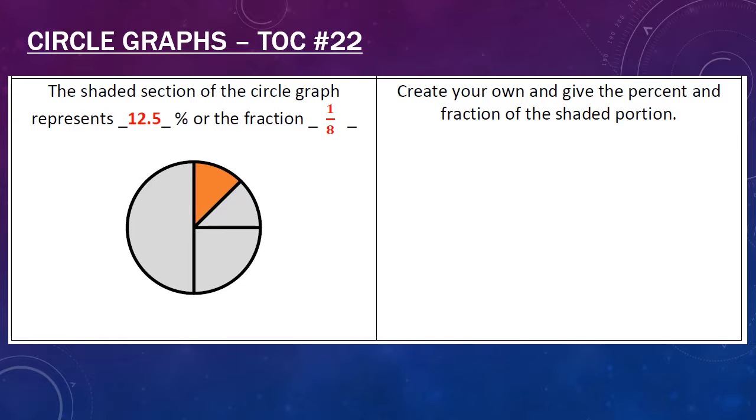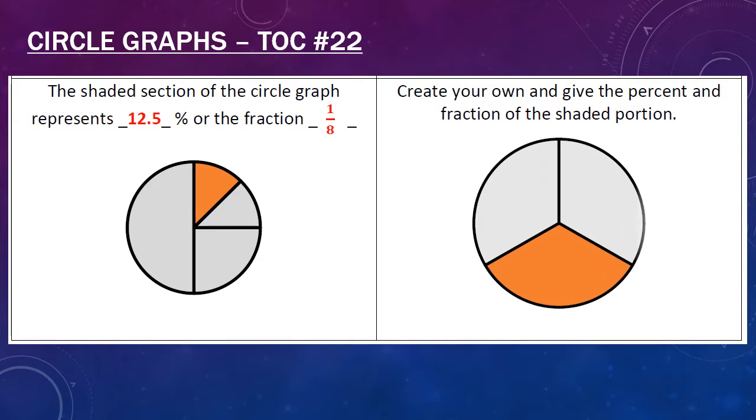If you don't know one, you can do this one. If you look at it, I've got 3 sections, but only one of them is colored in. So it's 1/3. And if I think about what 1/3 is as a fraction decimal percent, it's a repeating decimal, 0.333333, which is the same as 33.3%. If you put 33% and you leave off the 0.3 on this, that's okay.